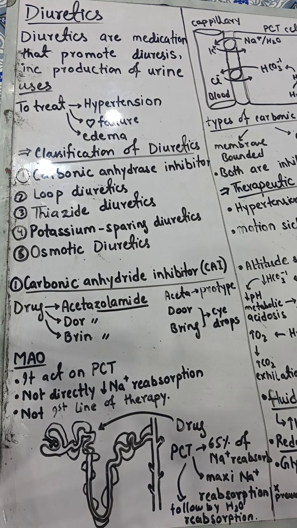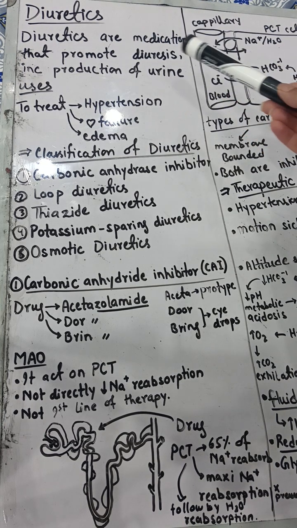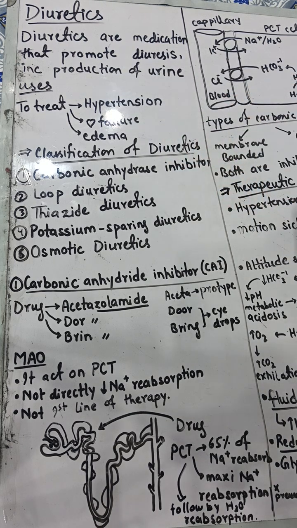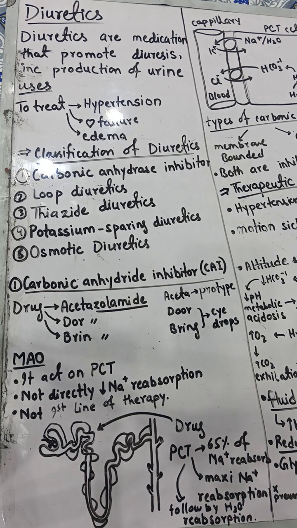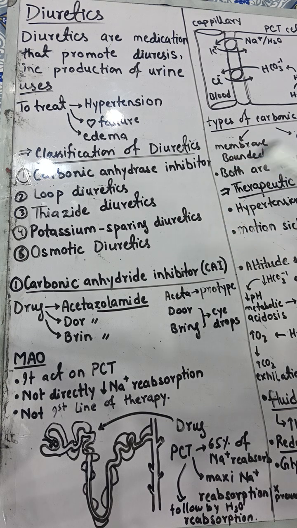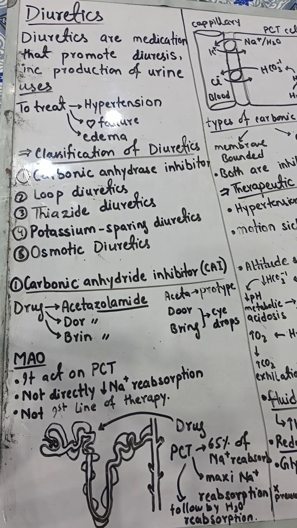Let's discuss it. First of all, diuretics are the medications that promote diuresis. Diuresis means an increase in the production of urine. How are diuretics used to treat hypertension? They not only treat hypertension but also heart failure and edema. How? Because they release more and more water and salt through your urine.